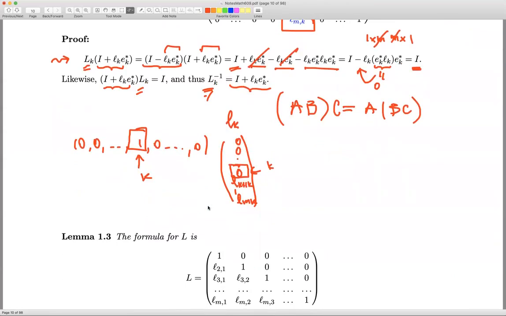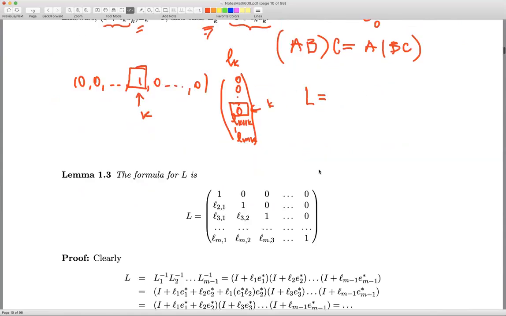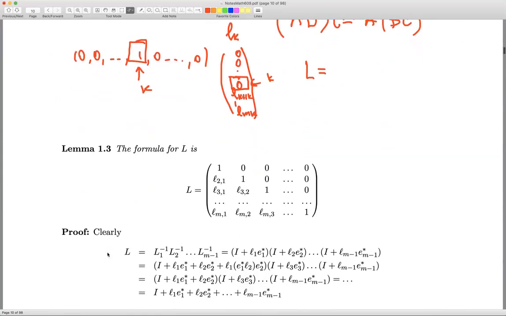Now, what do we have? We have that the matrix L, as discussed before, is a product of these inverses. And therefore, since we found the inverses of each of the matrices LK, the matrix L will be this matrix, which is the inverse of L1.